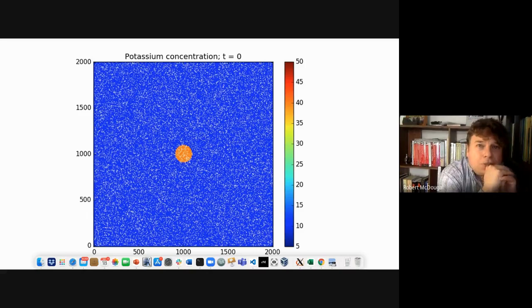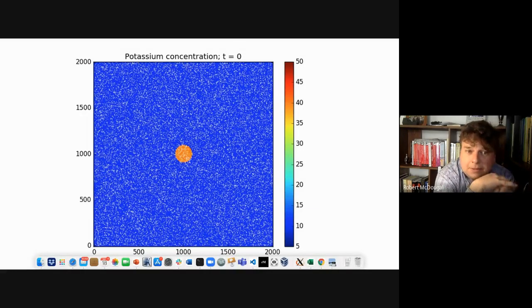And then I said, well, suppose for a moment that the extracellular potassium concentration was elevated in one specific location, and then I wanted to see what would happen. These X and Y coordinates are a slice of the brain. Each dot is a neuron that's been distributed randomly, and they have sodium and potassium channels.